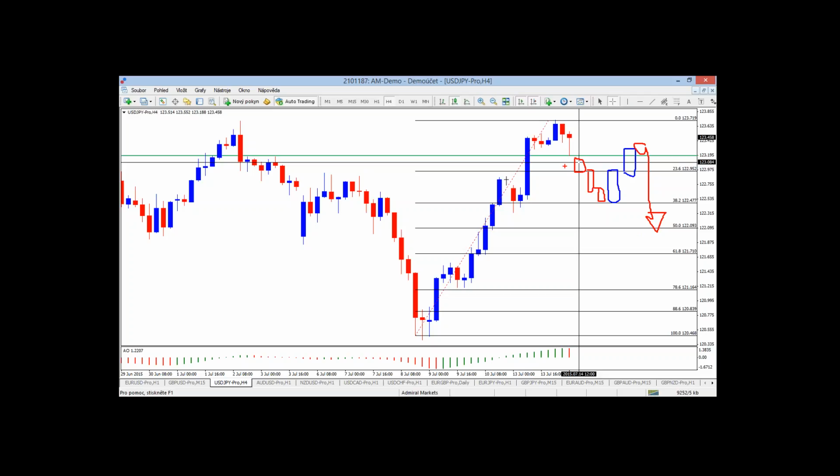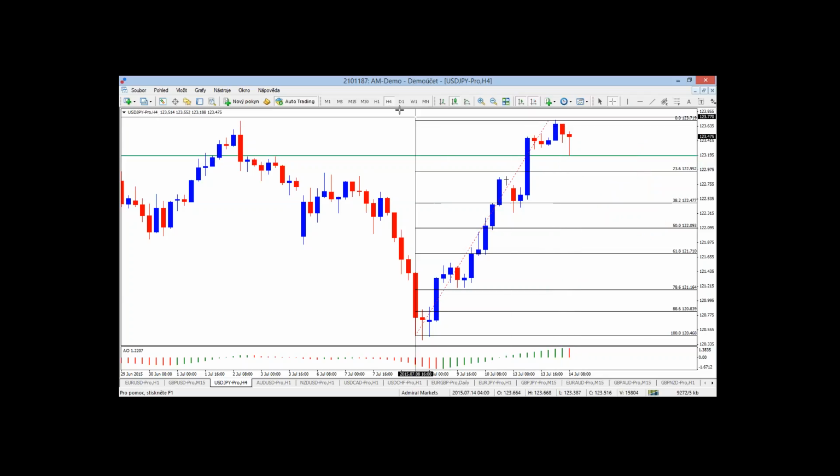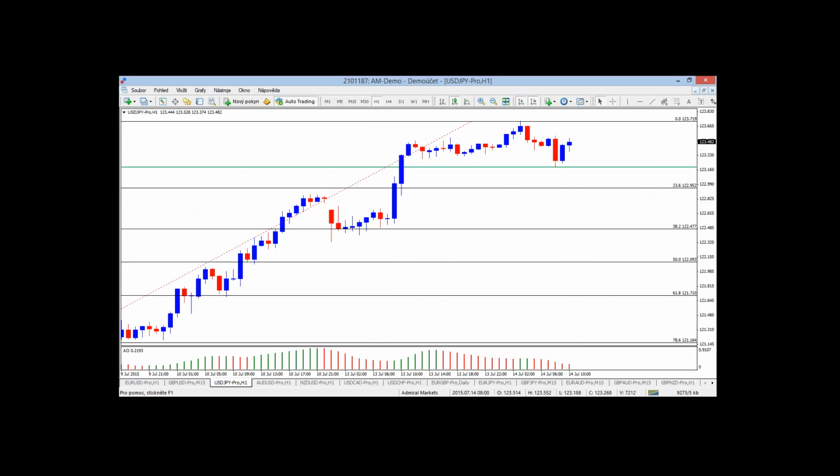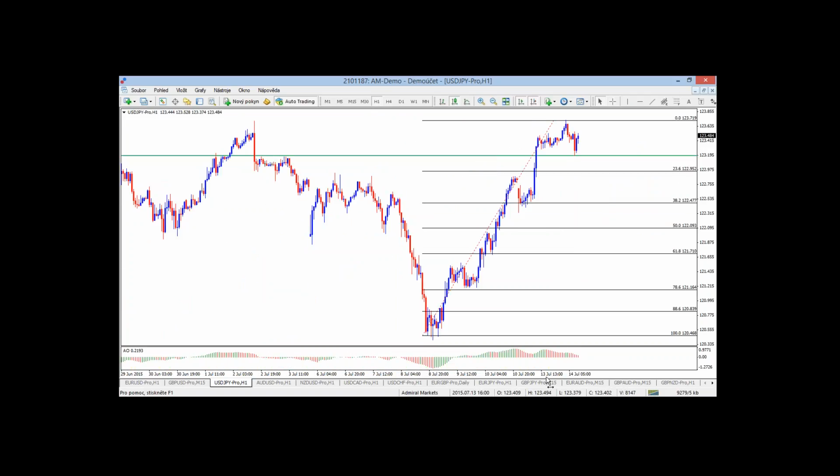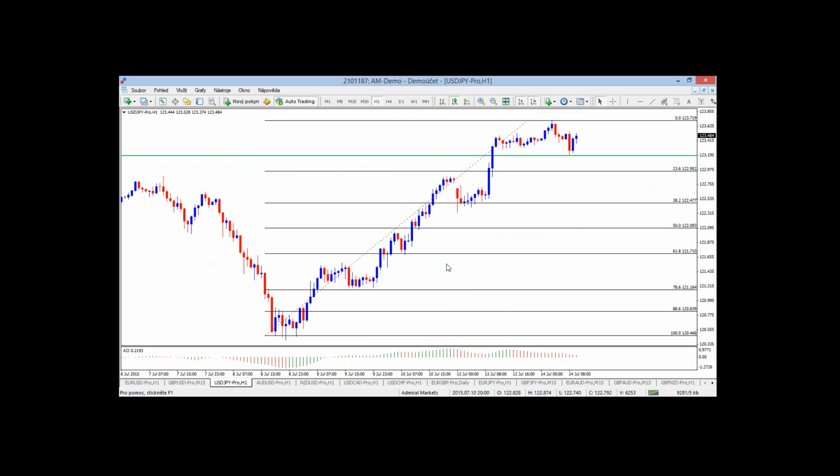That's something that could happen if we break below this bottom. For the moment, it's still upside momentum, but I do see on the hourly chart signals that it could be over.